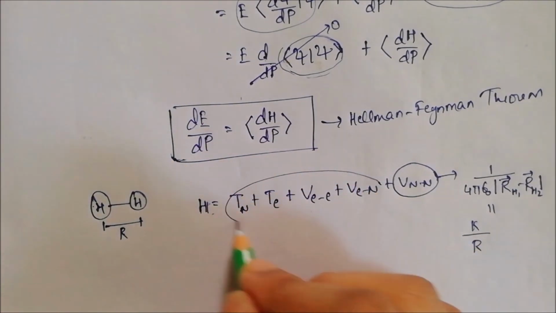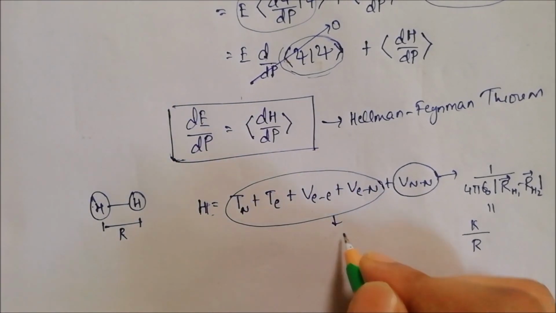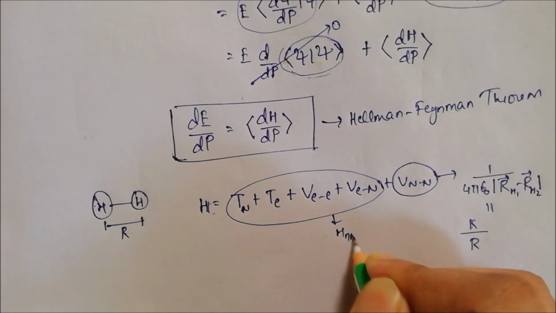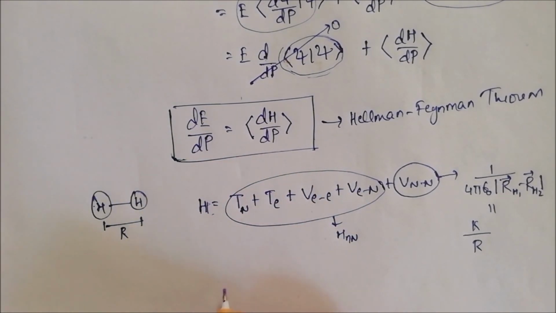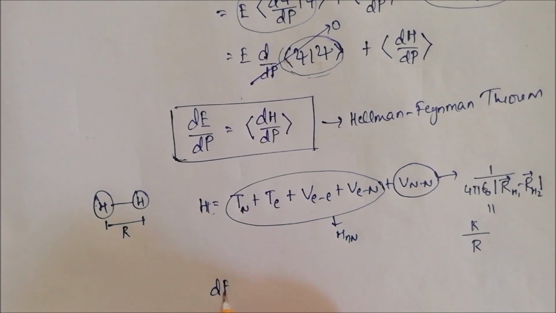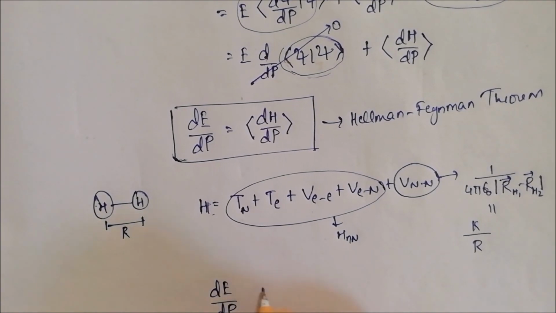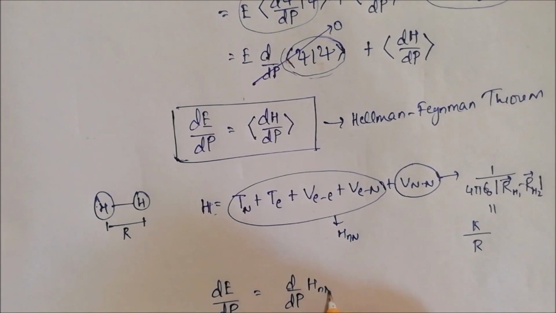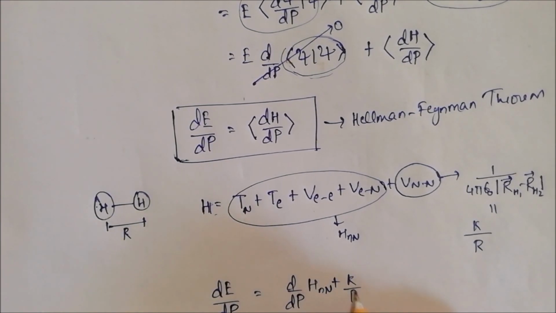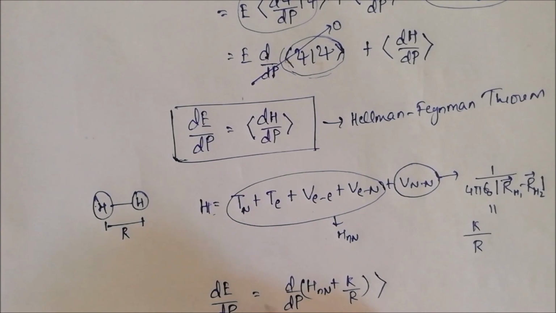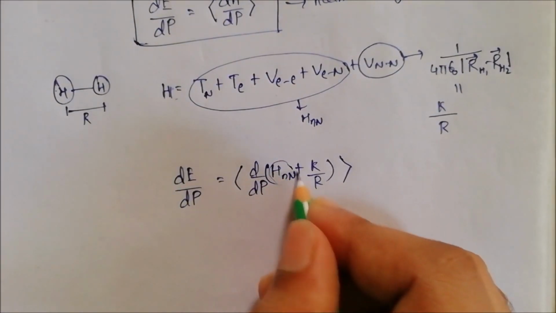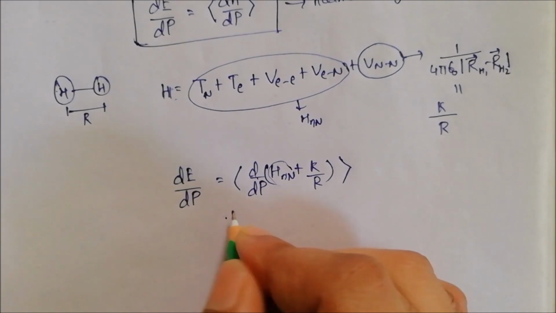Let's name the rest of the Hamiltonian H non-nuclear. So our change in energy will now be dE/dR equal to the expectation value of d/dR of H non-nuclear plus constant by R, and since H non-nuclear doesn't depend on R, that differentiation goes to 0.